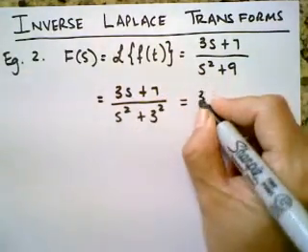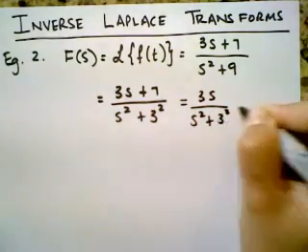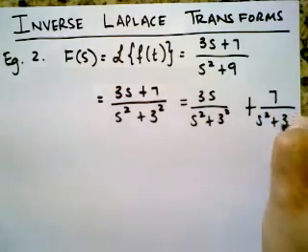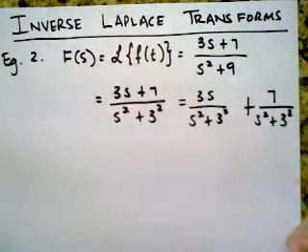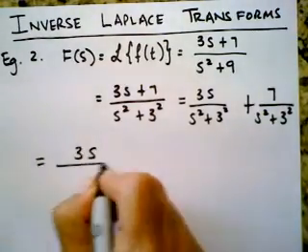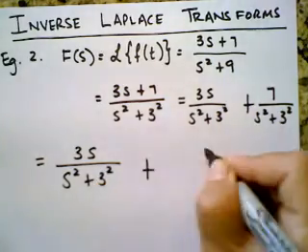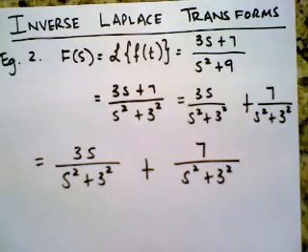So you can write that expression as 3s over s squared plus 3 squared, plus 7 over s squared plus 3 squared. You split it up into two parts. Let me write that a bit bigger so you can see.